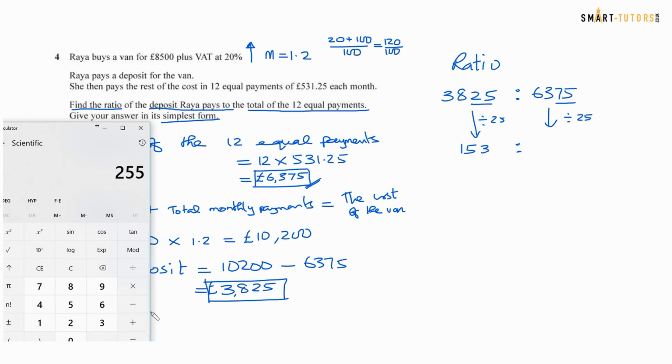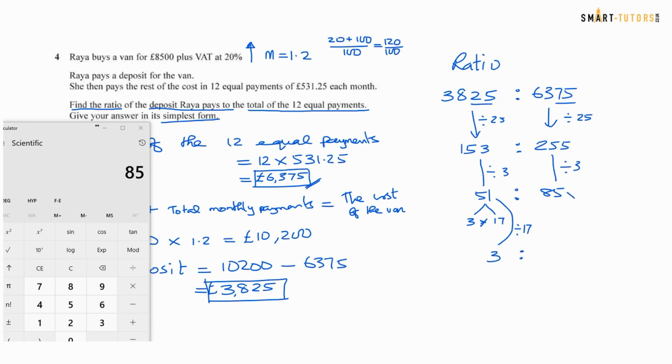Dividing 3,825 by 25 gives 153, and 6,375 divided by 25 gives 255. Then 255 divided by 3 is 85, and 153 divided by 3 is 51. So 51 is to 85.